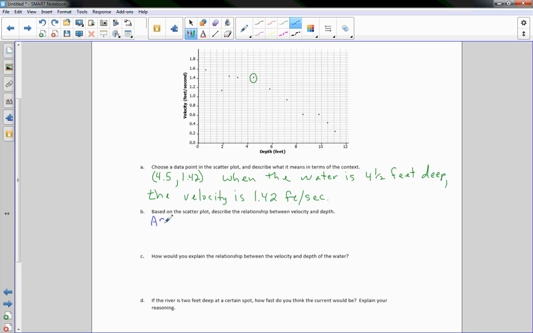So I'd say, as the depth increases, we're going left to right, as the depth increases, the velocity does what? We're up here at 1.6. It's going down as we go from left to right. So as the depth increases, the velocity decreases.